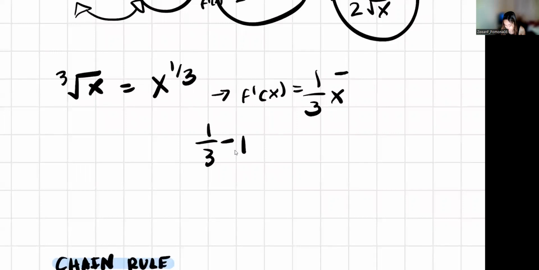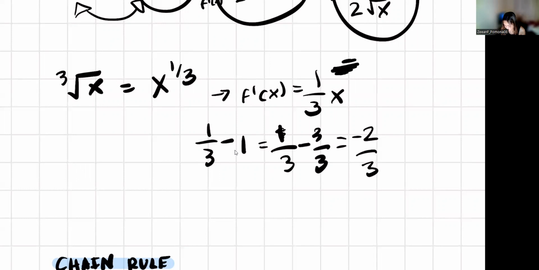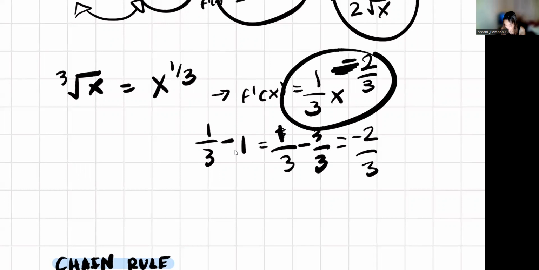Well, that would be equal to 1 over 3 minus 3 over 3, and that's negative 2 over 3. So negative 2 over 3. And that is your answer.